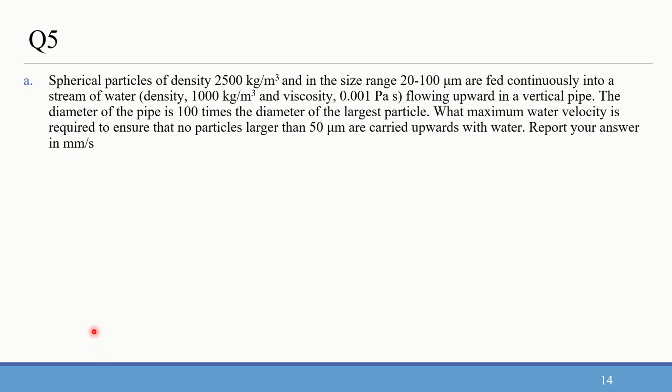Diameter of pipe is 100 times the diameter of the largest particle, so wall effects won't come into the picture here. What maximum water velocity is required to ensure that no particles larger than 50 micrometer are carried upwards with the water? We should ensure that particles larger than 50 microns are not carried upward with the water, so their terminal velocity should be controlled. Now we will see how to do that.